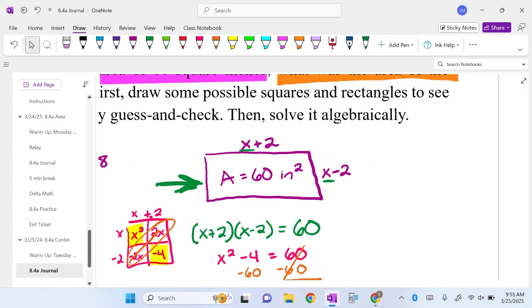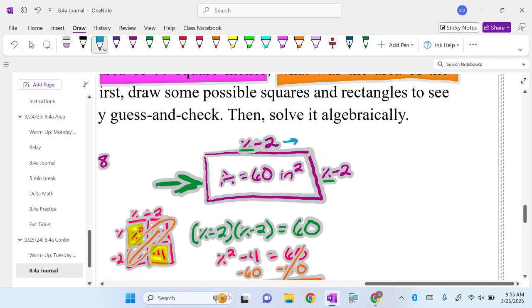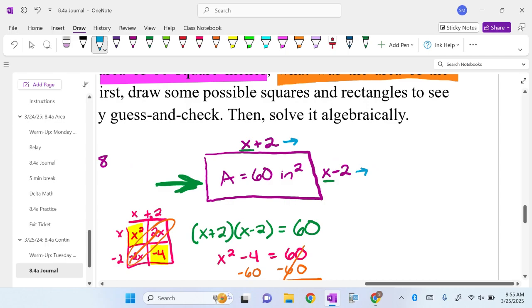What would I do? Right, we plug in 8 in for both of my x's and then evaluate. So the top part, I would have 8 plus 2, which is 10. Bottom part, I have 8 minus 2, which is 6. So my two side lengths are 10 inches and 6 inches.